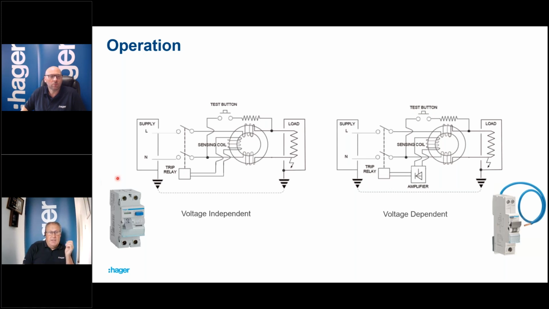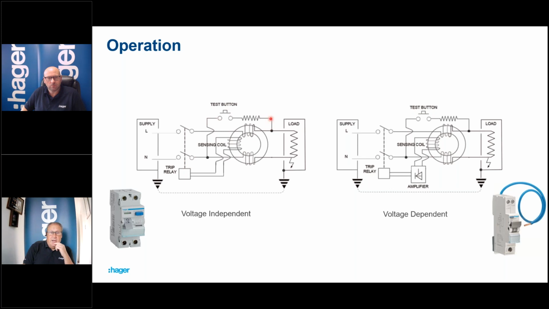Literally on the one on the left here, if we put, you know, 10 volts through one side, operate it on 10 volts, as long as the right current is going through it, it would still work. Now, that's not to say you can use it at any voltage, of course, because the one thing that has to work on RCDs is you actually have to have a test button. So the test button will be voltage dependent.